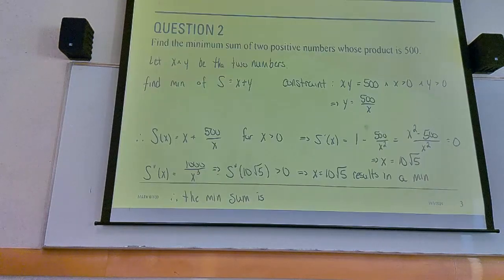So what is the minimum sum? Let's get it. Why is it being multiplied by 2? But how do you know that y is also 10 root 5?